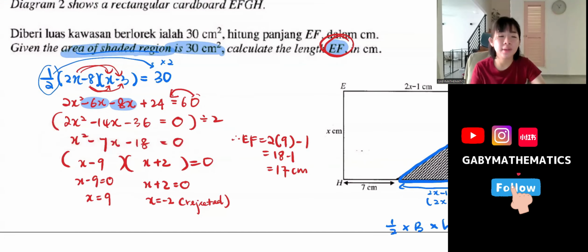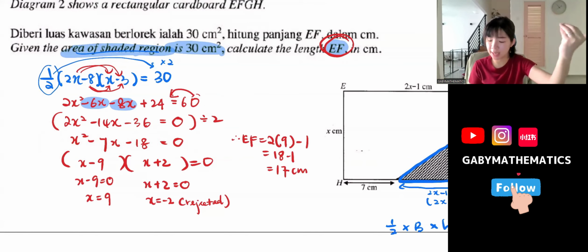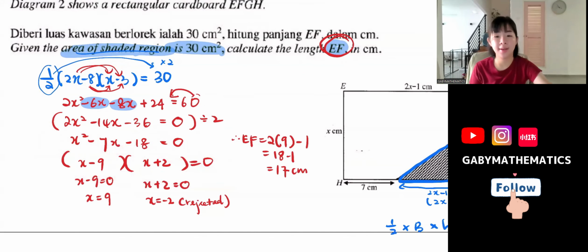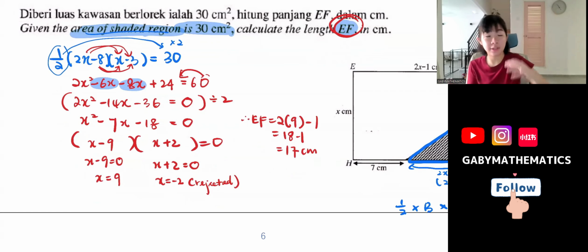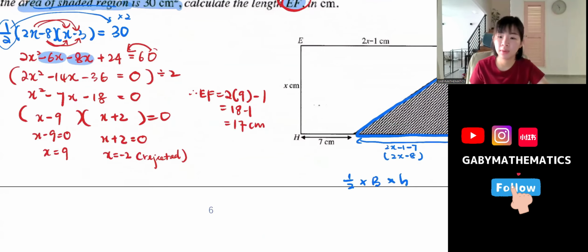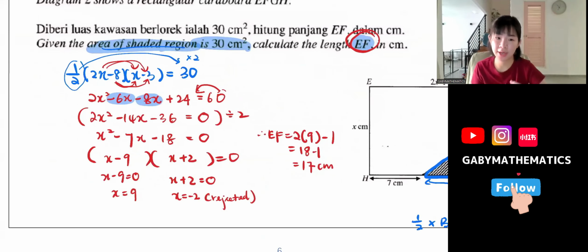So it's a bit weird in terms of the steps: suddenly 2x squared minus 14x minus 36 becomes the simplest form out of nowhere. So it's better to simplify it. Sometimes if forgotten, it's fine, but when you remember, you do it.